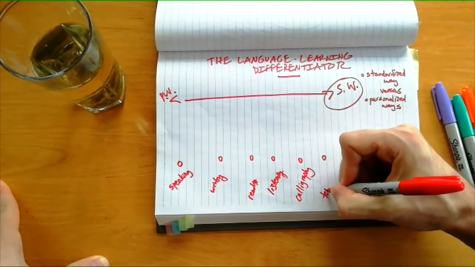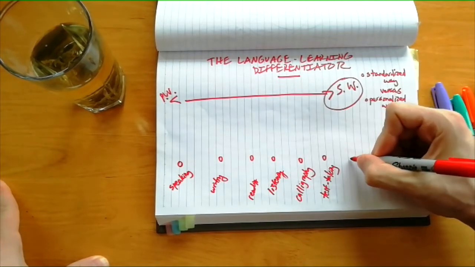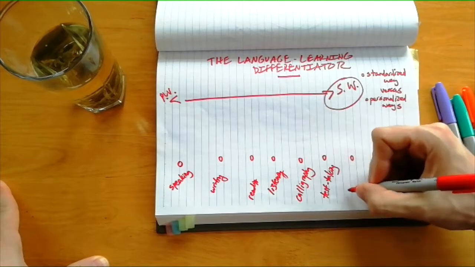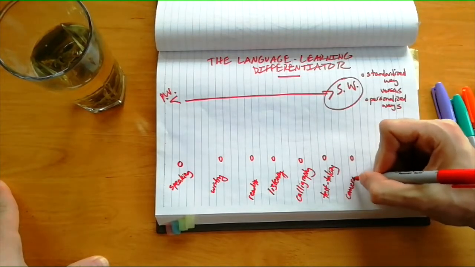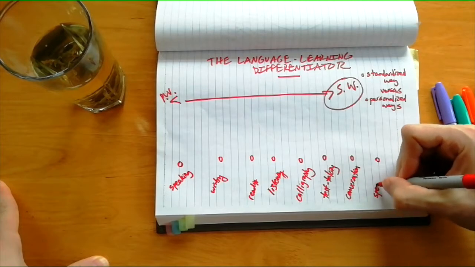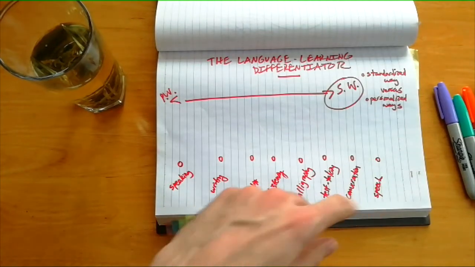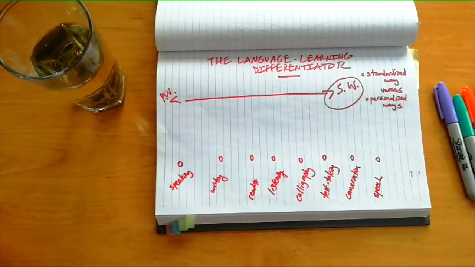Some people may study for a particular test, so test taking. Some people may emphasize conversation. Some people may be preparing for speech or debate, and on and on. So there's different segments of the language that people may study.